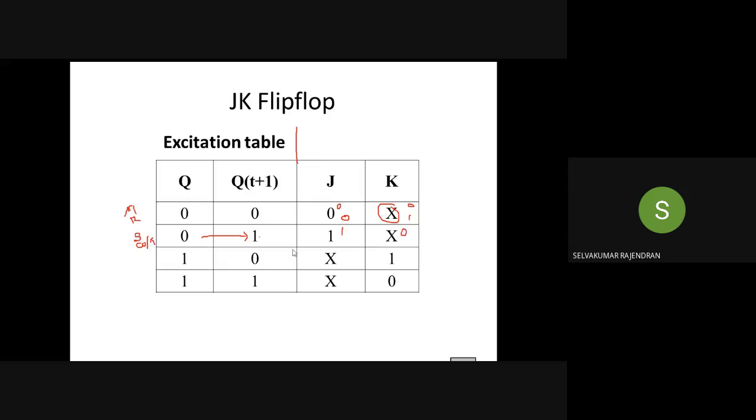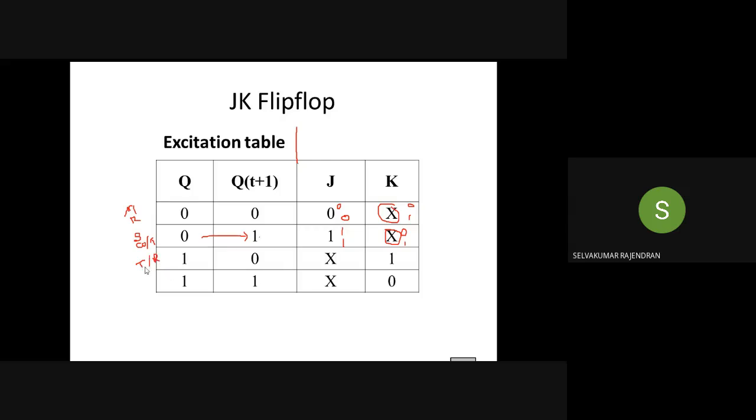If it is the toggle condition, J and K are both logic 1. Still J maintains the same value, but K varies between 0 and 1, so here also we take a don't care condition. Then the present state value is 1 and the next state value is 0. Here also there are two conditions. One is 1 complemented to 0, that is the toggle condition. The other is 1 reset to 0, so the reset condition.